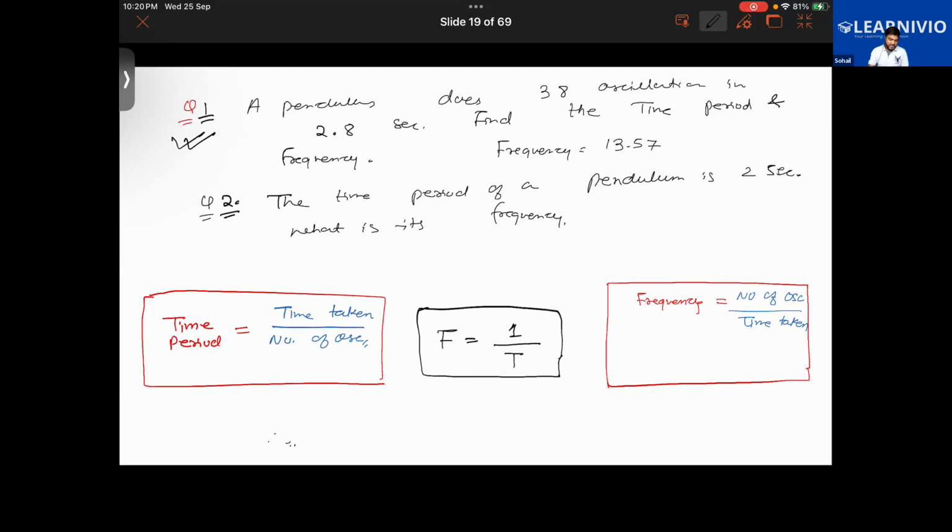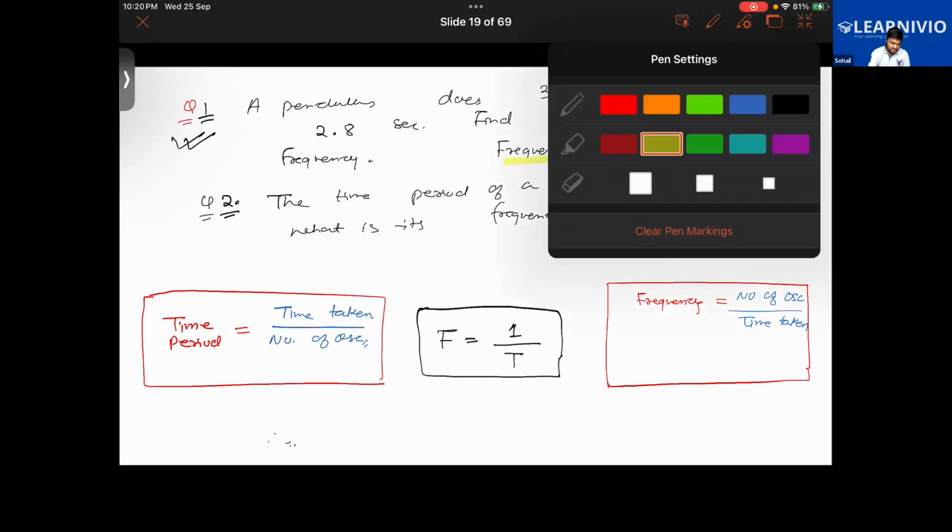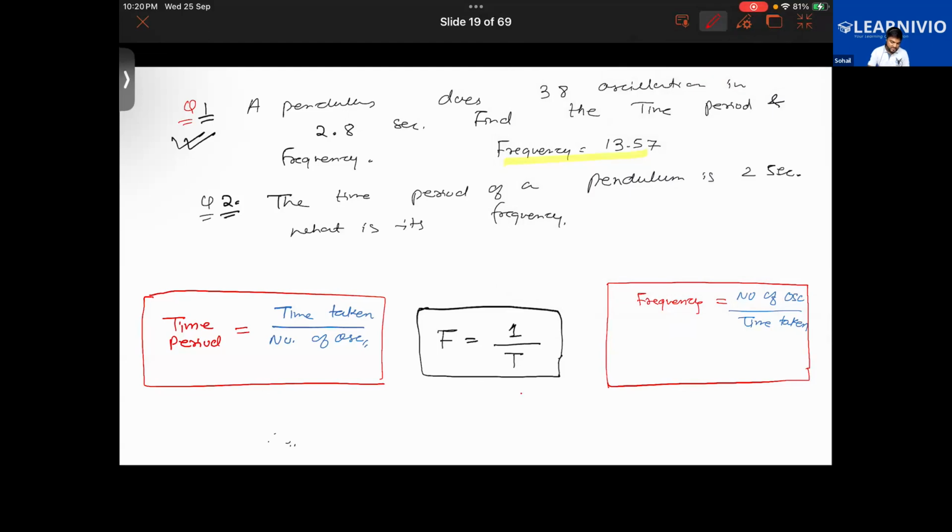So if the frequency is given, can't I find out the time period? All of you pay attention here. If the frequency is already calculated, do I need to use this formula? Do I need to do all this lengthy process? No, frequency is already given, so time period will be 1 upon frequency.